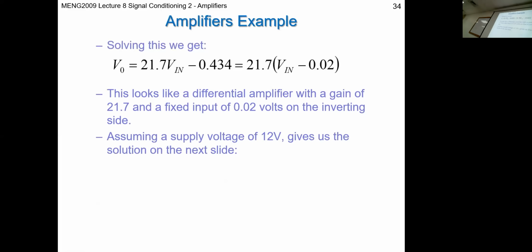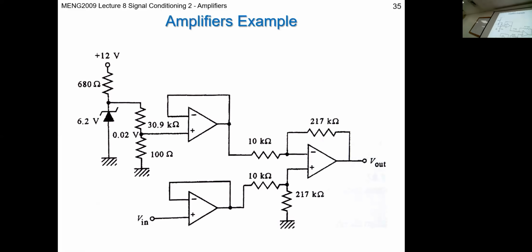So the question said we have a supply voltage of 12 volts. So we have to take that 12 volts down to 0.02, right? Because we have to apply a constant 0.02. So something inside this design of this circuit has to go from 12 down to 0.02. And this is what it would look like. So let's jump into the solution a bit here.